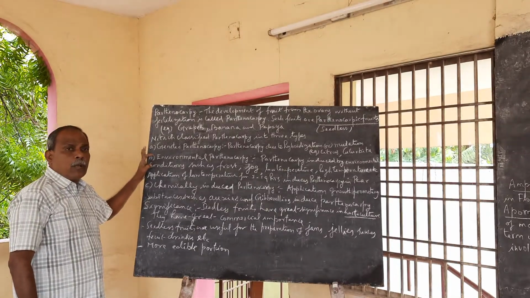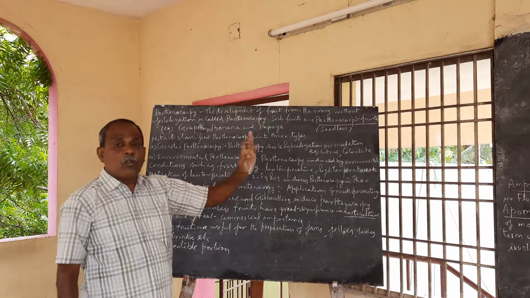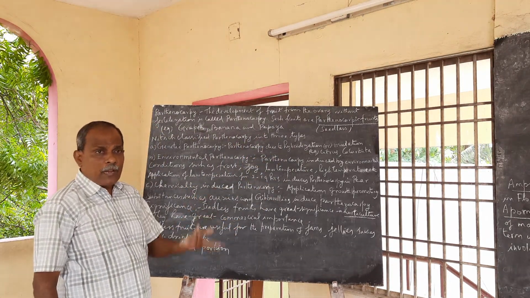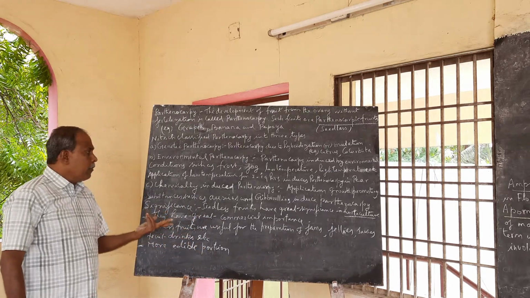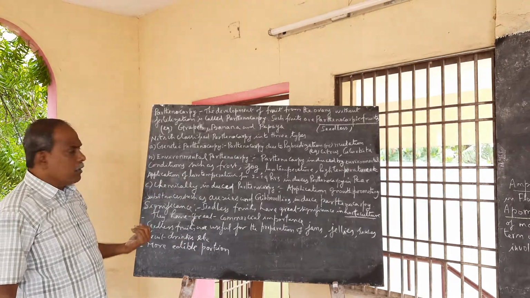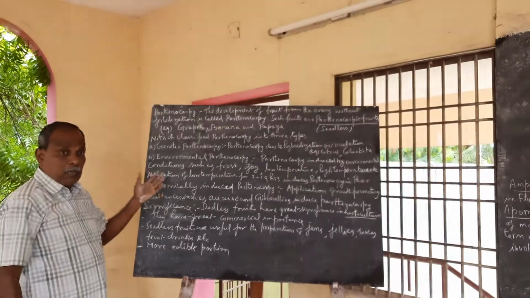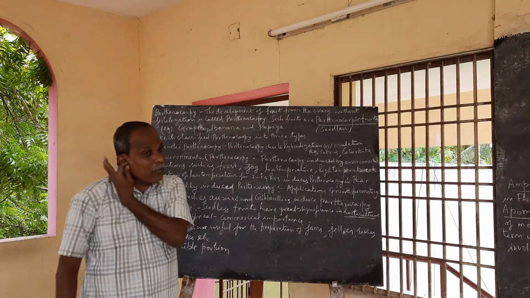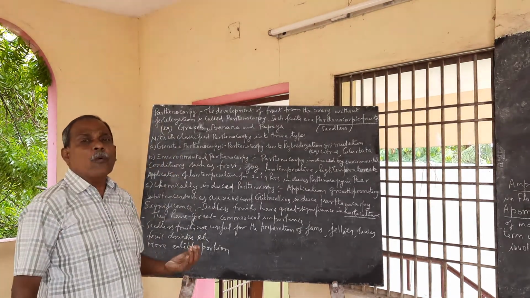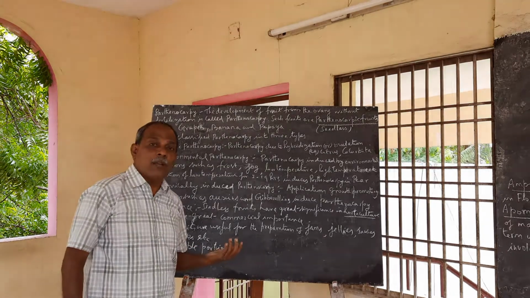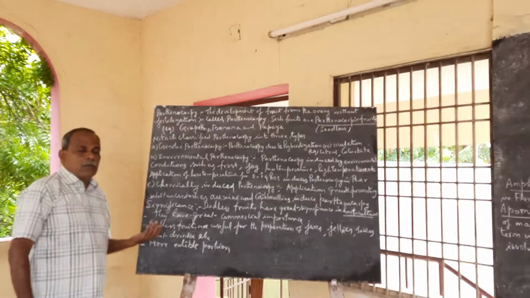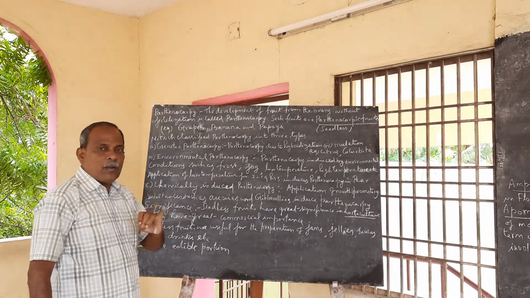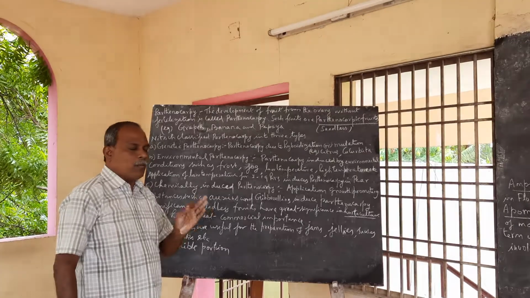Environmental parthenocarpy is parthenocarpy induced by environmental conditions, such as low temperature, high temperature, fog, frost, etc. Chemically induced parthenocarpy: growth promoting substances like auxins and gibberellins induce parthenocarpy, not polyploidy.